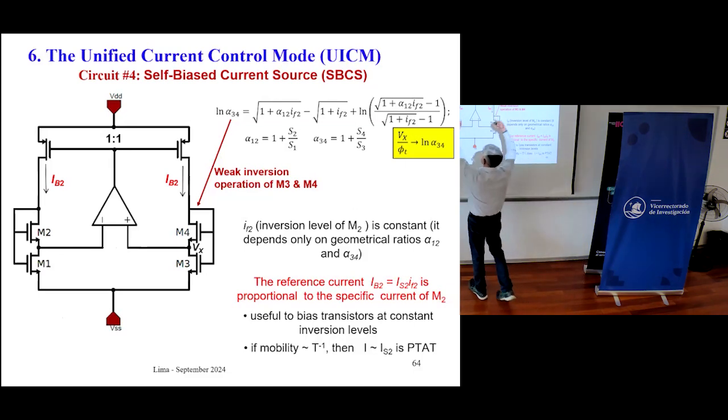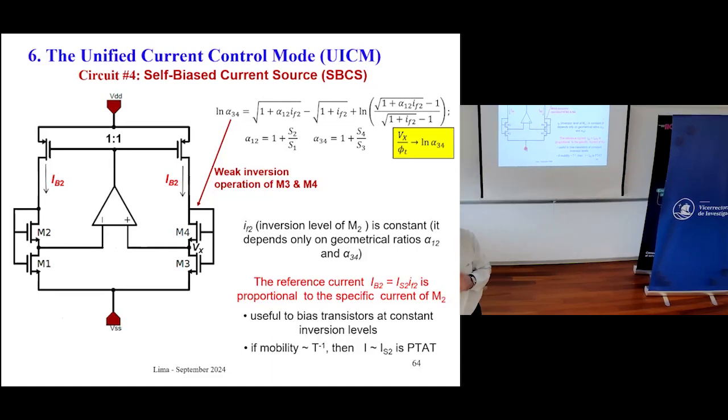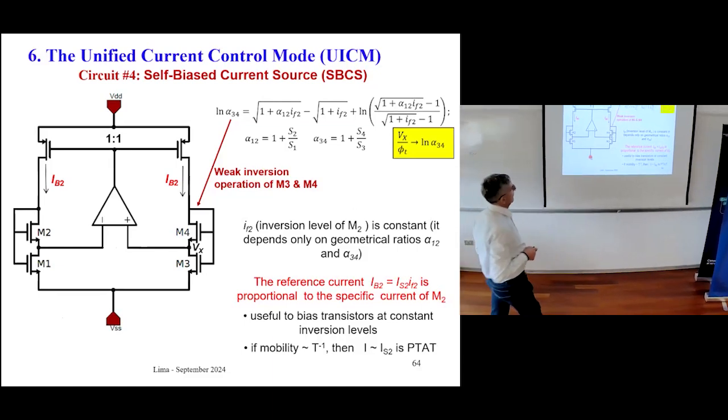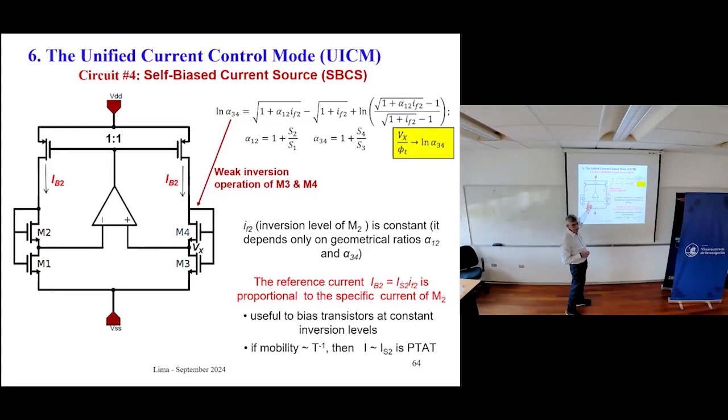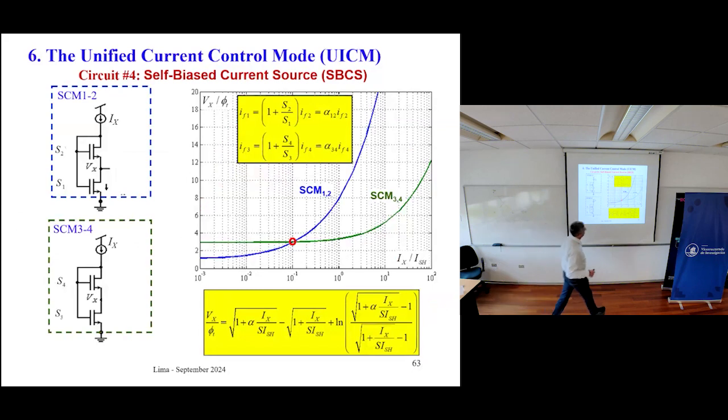So you have, as you need in the previous slide, two equal currents. And here you have a virtual short circuit, so this voltage equals this one. So what's the result? The result will be this one here.